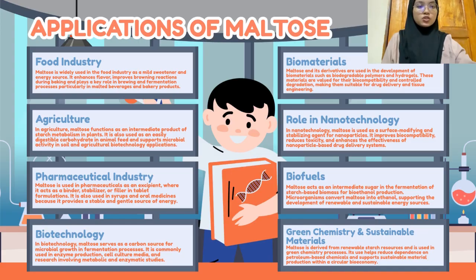It is also used for the development of biomaterials like biodegradable polymers. Maltose plays a role in nanotechnology as a surface modifier, and in biofuels as an intermediate sugar in fermentation. And lastly, it is used to help reduce dependence on petroleum-based chemicals in green chemistry.